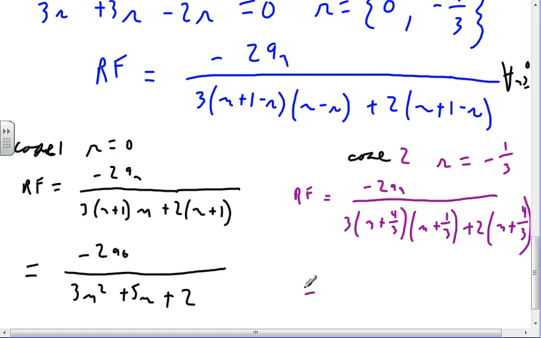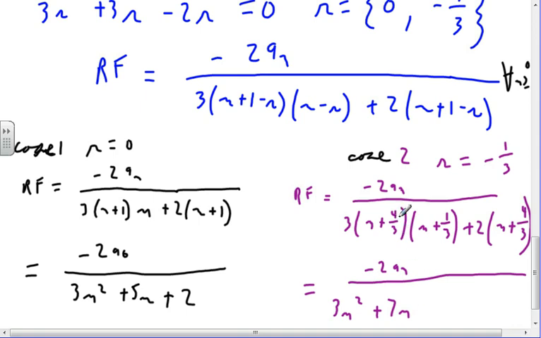Okay, and on this side I've got minus 2an divided by, I've got 3n squared, I've got 5/3 n times 3 is 5n, 6, 7, I got plus 7n.